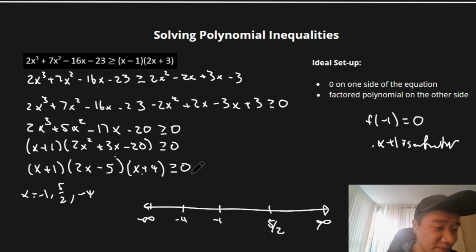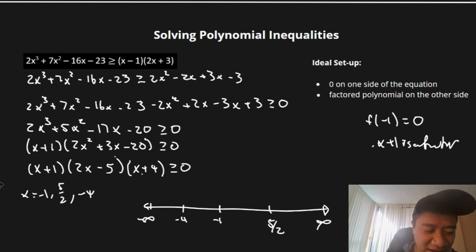How we do this, remember from last time, we just take numbers in between each of these intervals and substitute them within our polynomial. And we see whether or not the result is positive or negative. And that actually tells us if the entire function within that interval would be above or below the x-axis. So in between -infinity and -4, let's choose -5.